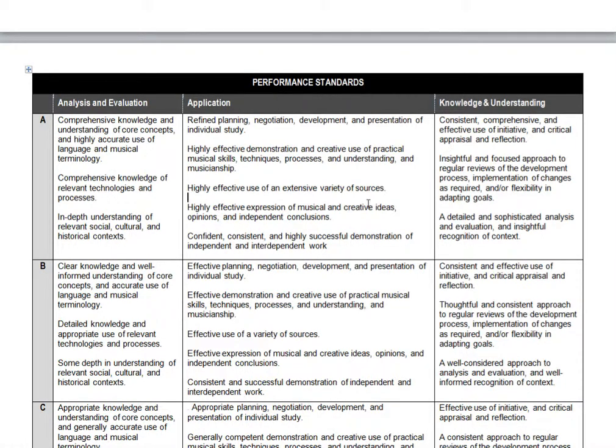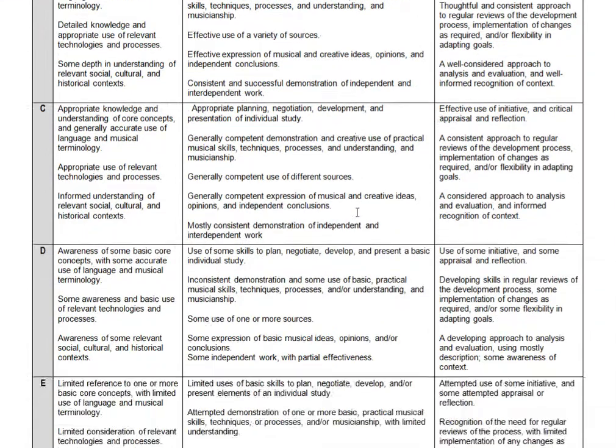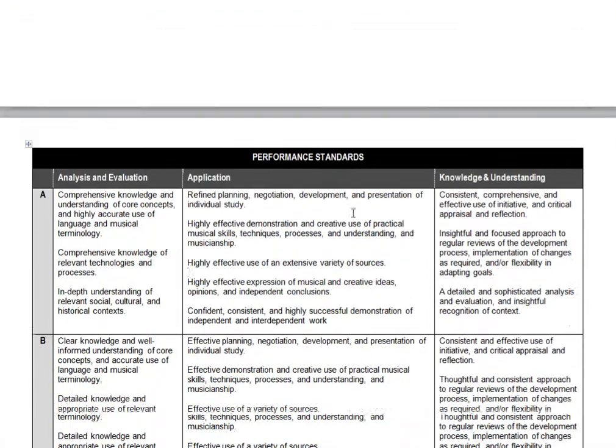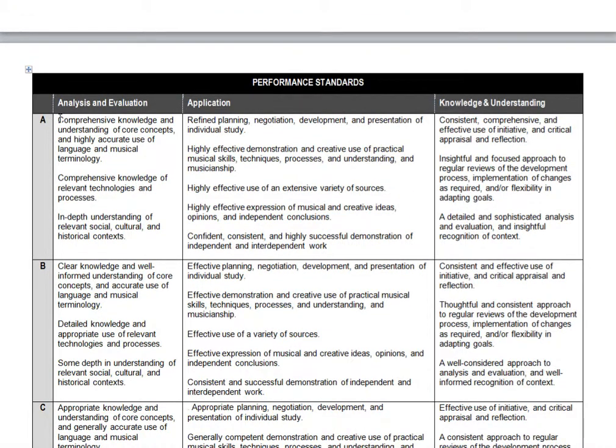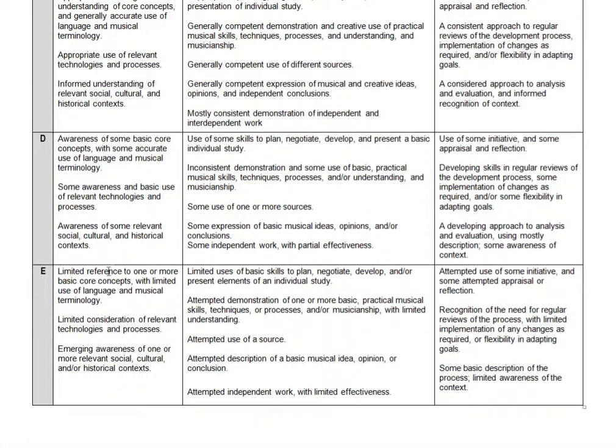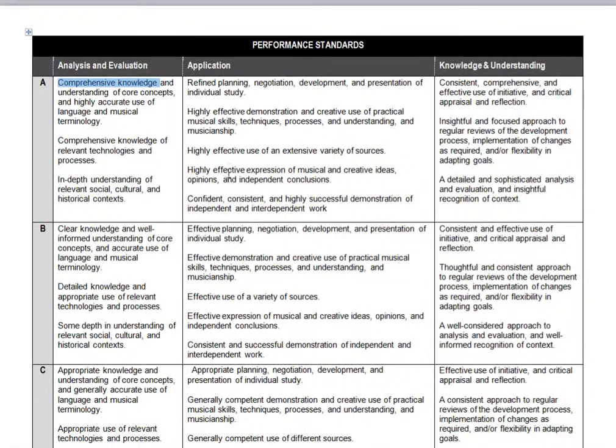Now, a lot of the terminology is essentially exactly the same right the way through, except you'll notice that to get into the A band, it's comprehensive knowledge as opposed to clear knowledge. The further we go down, if we get into the E band, it says limited reference. You've really got to make sure that you can put yourself in this bracket.